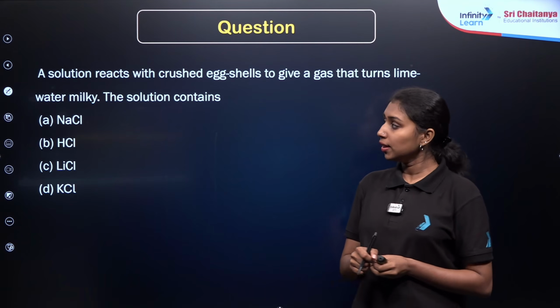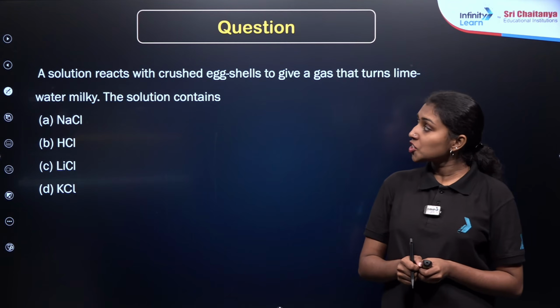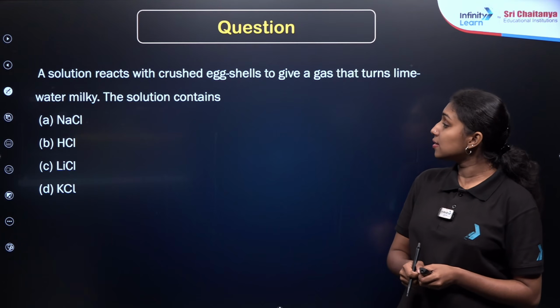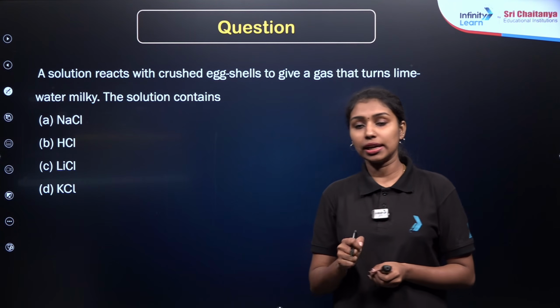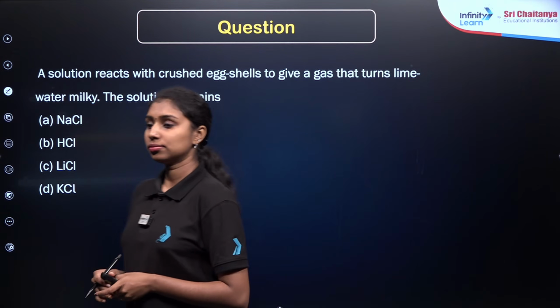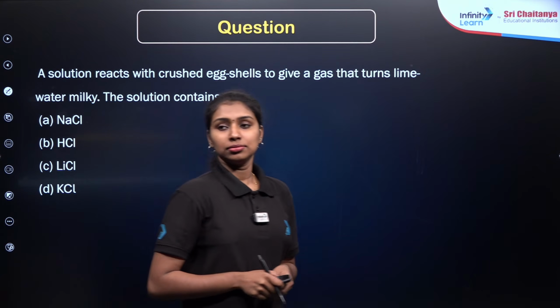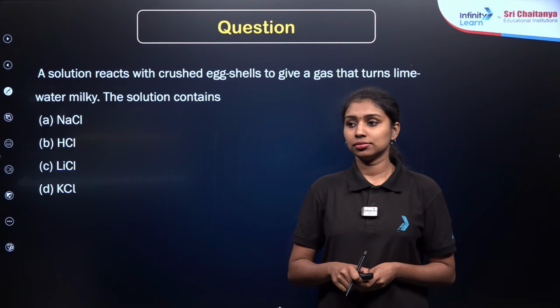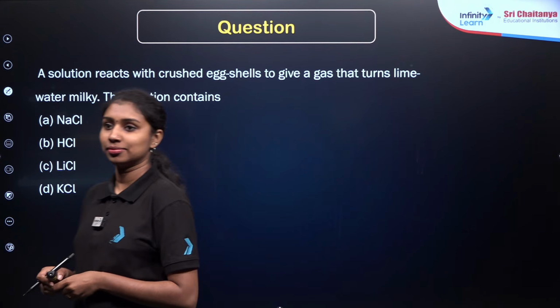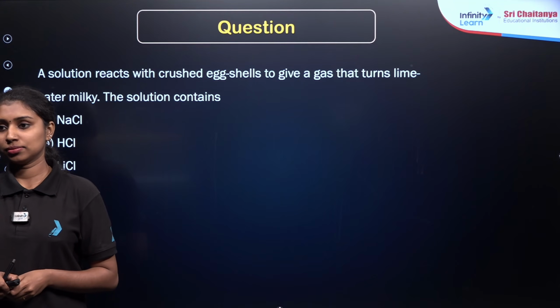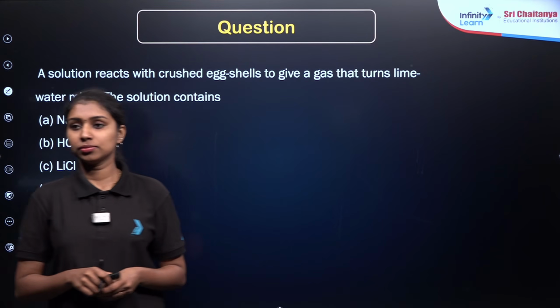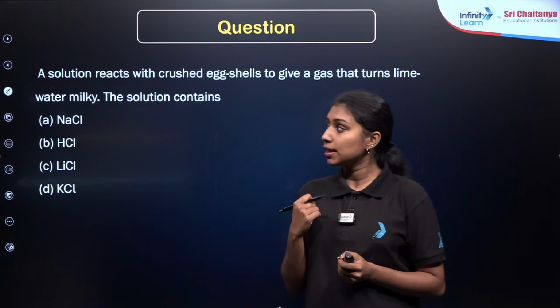Read the question carefully. A solution reacts with crushed eggshells to give a gas that turns lime water milky. The solution contains. So what will be the answer of this question?